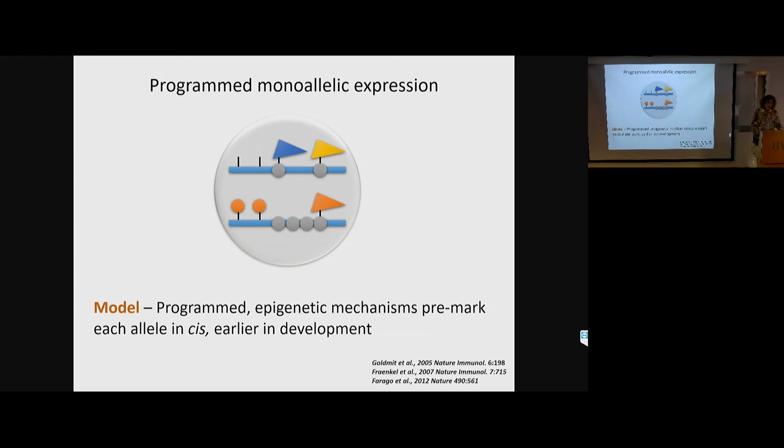And we know by now that it's programmed. It's not stochastic. It's epigenetically controlled. So as I show here, one allele is decorated with one sort of chromatin modification and DNA methylation, and the other allele is differently decorated.